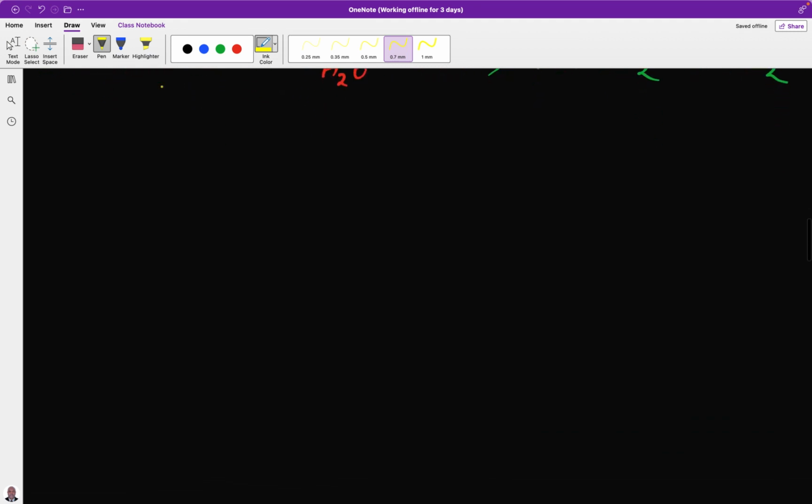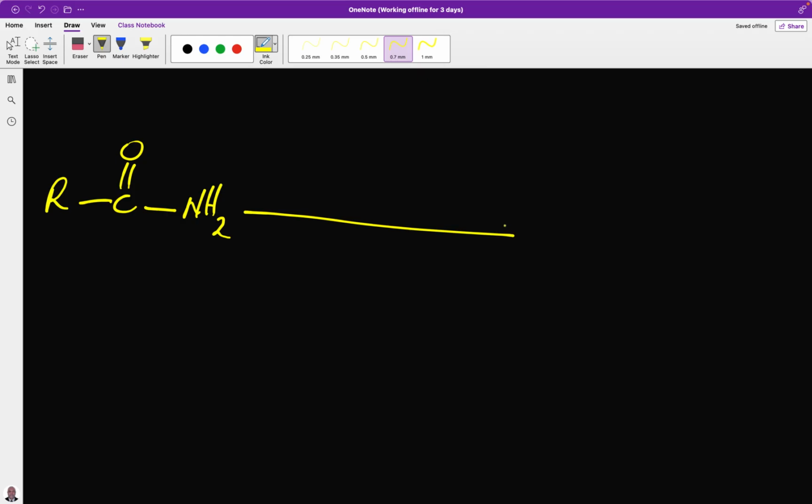But for the purpose of revision, you could still produce it by reduction using lithium tetrahydroaluminate in dry ether. In that case, this will be the equation. You have the amide. This is the amide. It will give you a primary amine.